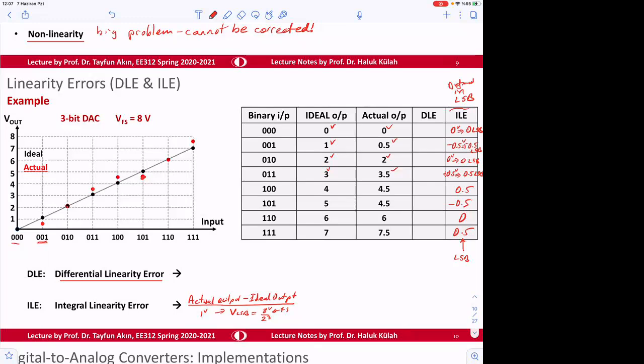Here we look at the issue differentially. This one is called step size in LSB: actual step size minus 1. Okay, so that is the definition.